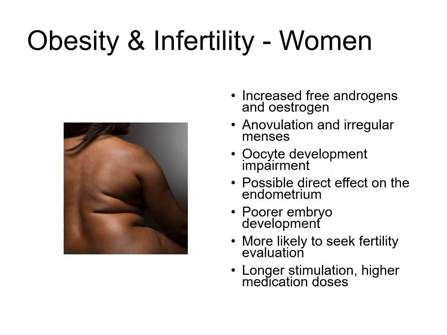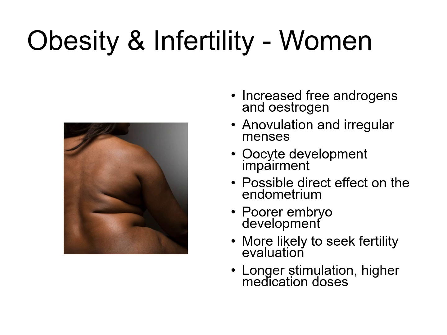Just to mention too that there are associations with obesity and infertility for various reasons. It's thought that there's a delay in women with BMIs above 30 due to changes in the hypothalamic axis. We know body fat does produce estrogen, so that can mess with the cycle and thus result in anovulation, irregular periods, which go together, impaired development of follicles because of suppression of the FSH.